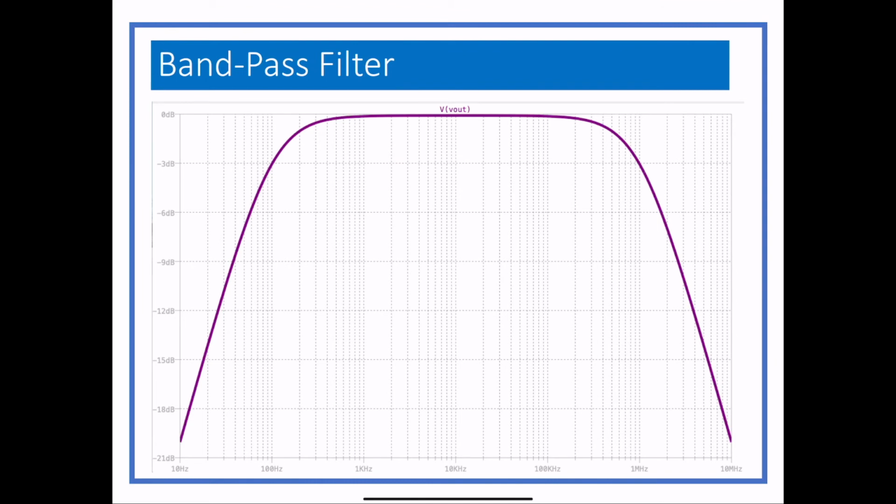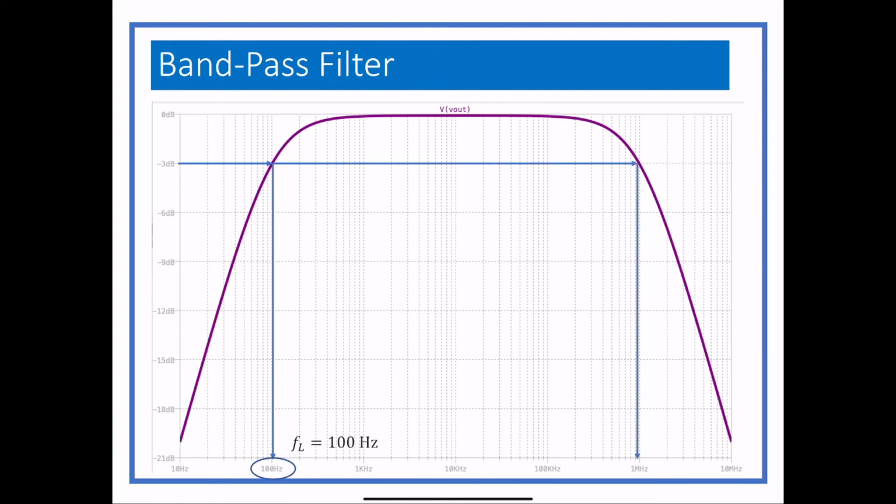A band pass filter has a range that it passes. So there will be two 3 dB points, one at 100 hertz and one at 1 megahertz. Those are generally labeled FL and FH for the low and the high. And then there's usually a center value right in the middle.